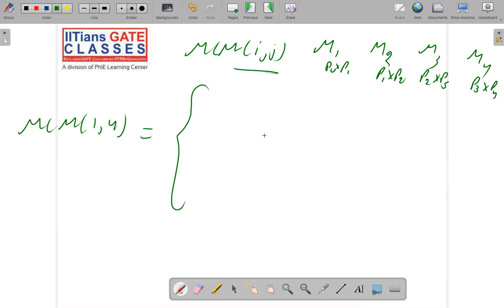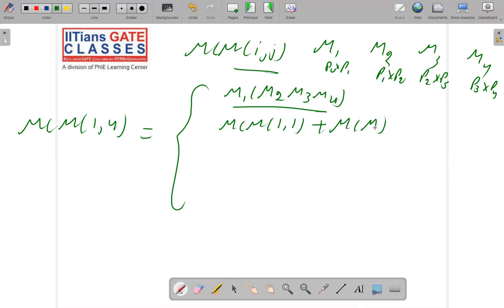Okay, these are the dimensions. And I'm saying that we have the following choices. We have the first choice as M1, M2, M3, M4. I am indicating this choice as MCM 1, 1 plus MCM 2, 4, and there is a fixed cost to it, P0, P1 and P4.